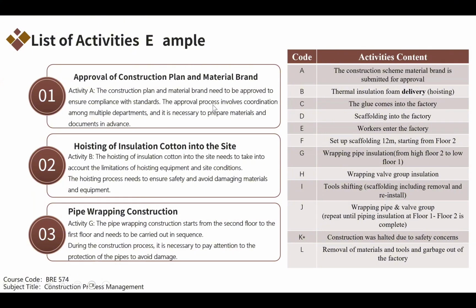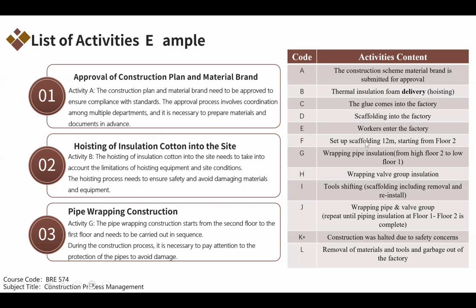The approval process involves coordination among multiple departments, and it's necessary to prepare materials and documents in advance. The second activity is hoisting the insulation cotton into the site. Activity C is about the glue coming into the factory. Activity D is about the scaffolding into the factory. E is about the workers into the factory.